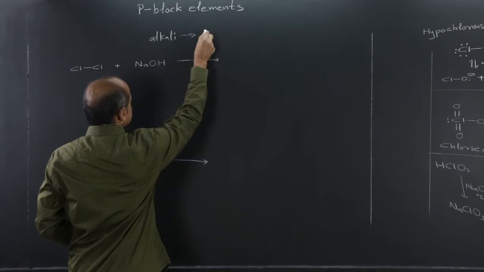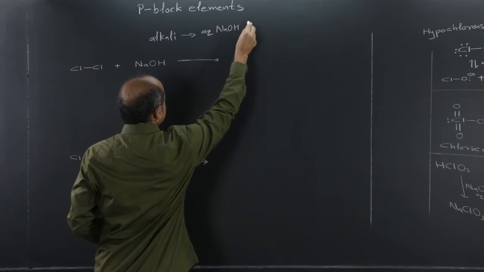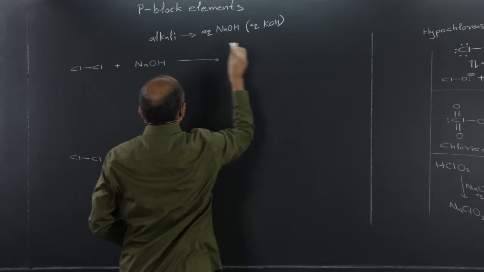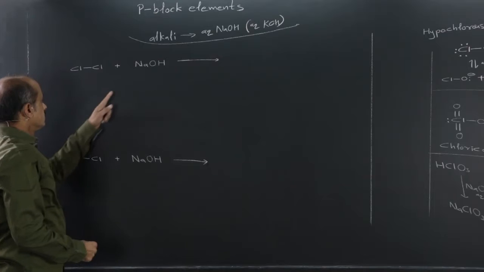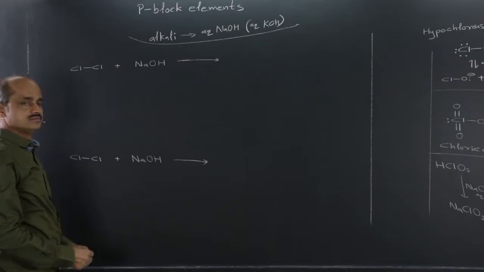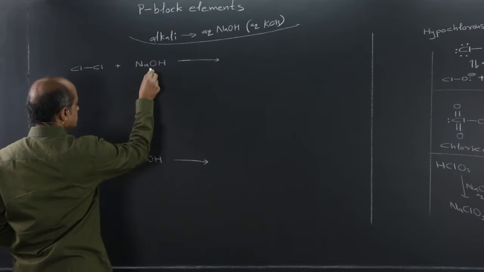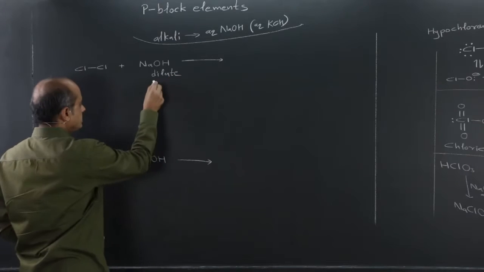Alkali stands for aqueous solution of NaOH, or it can be aqueous solution of KOH. Now, action of aqueous solution of NaOH on chlorine differs if it is dilute NaOH in cold condition.